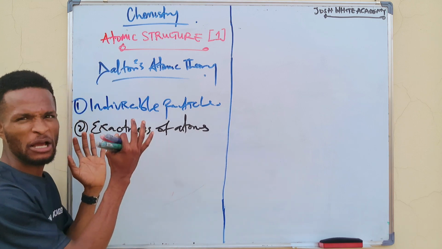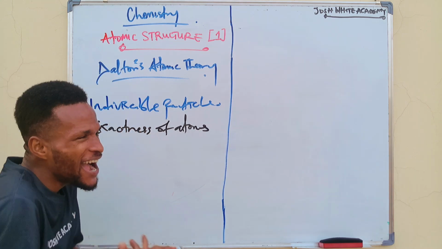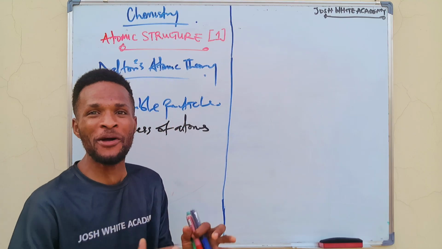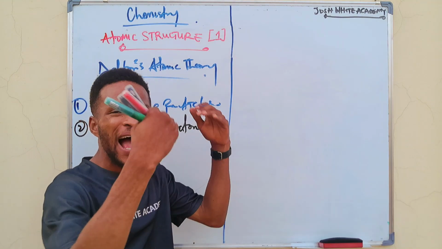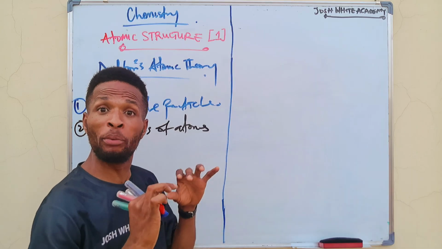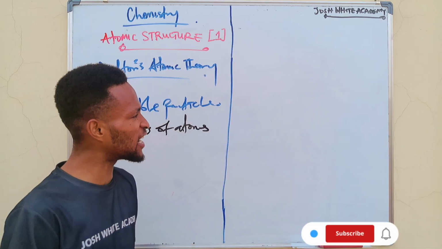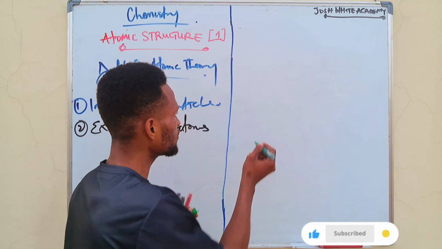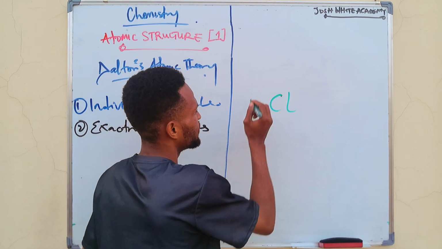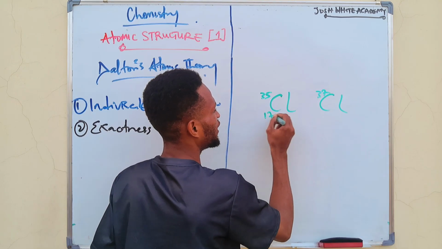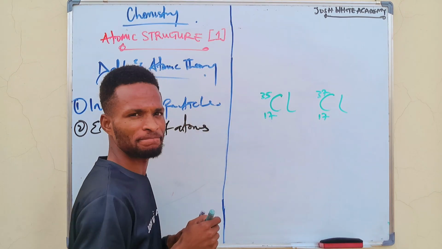nullifies this postulation, because isotopy rather is a phenomenon where atoms of the same element have the same atomic number but different mass number. For instance, chlorine, Cl, there is chlorine 35 and there is chlorine 37, and they all have atomic number of 17.